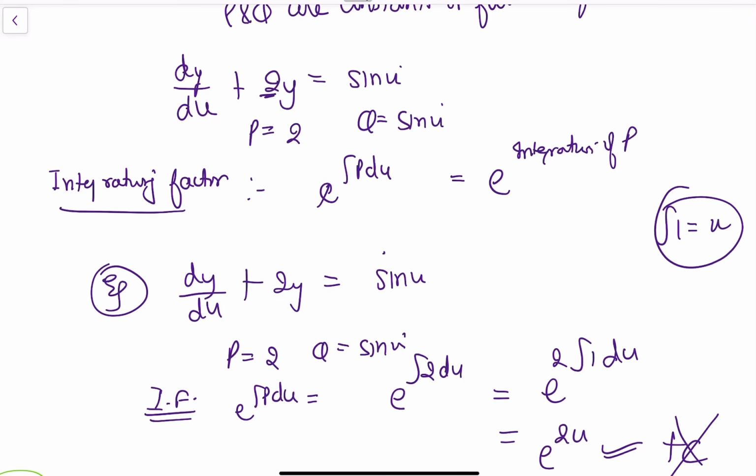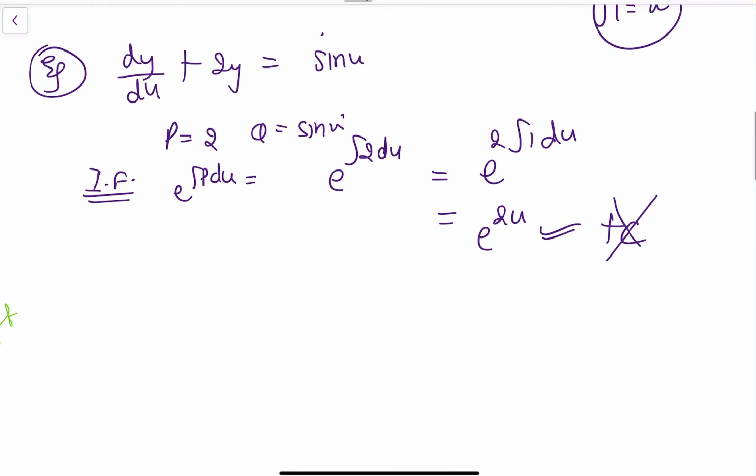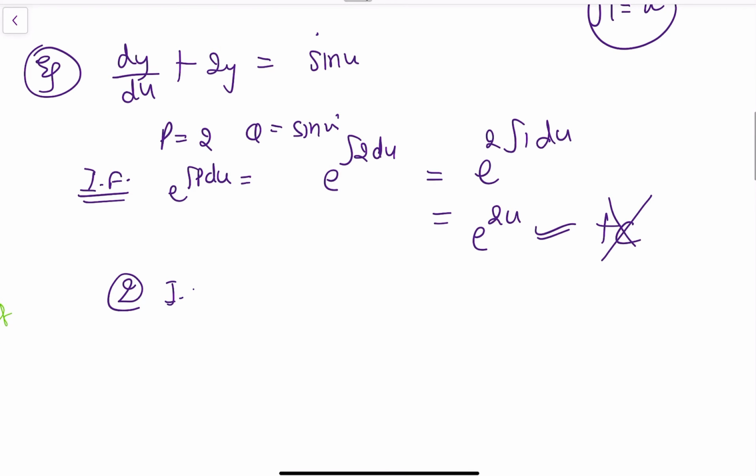All right. One more, let me take up. You need to find the integrating factor for this equation: dy by dx plus y cos x is equal to sin x.